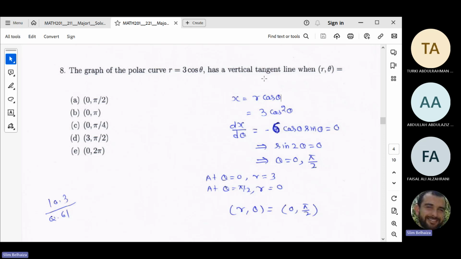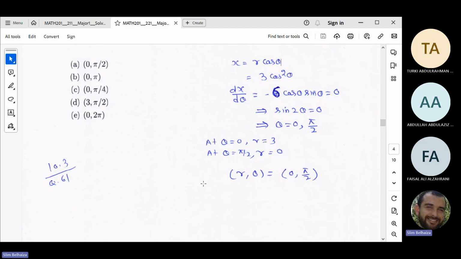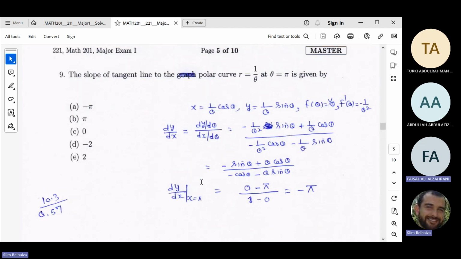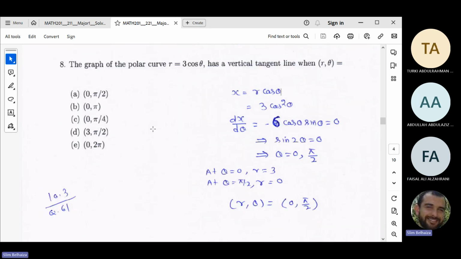So it has a vertical tangent line at 0, pi over 2, yes, for sure, because the second point is not given, which is 3, 0. 3, 0 is not among the choices. You see, they tried to mislead you.